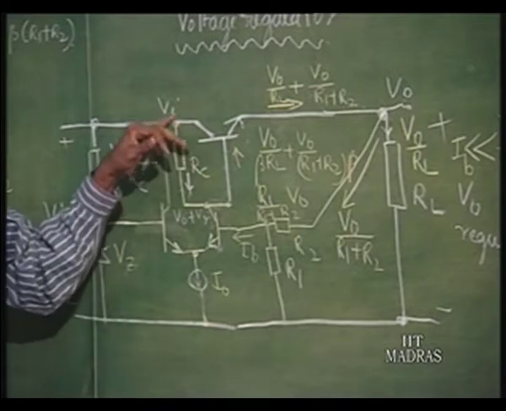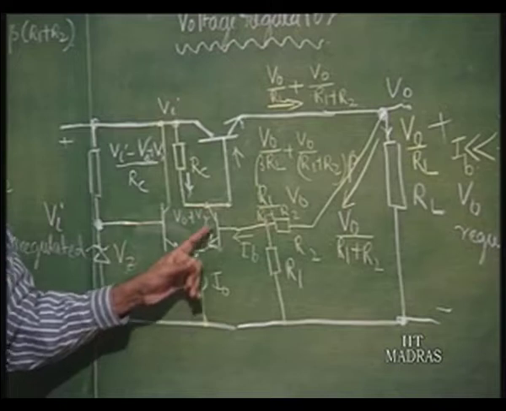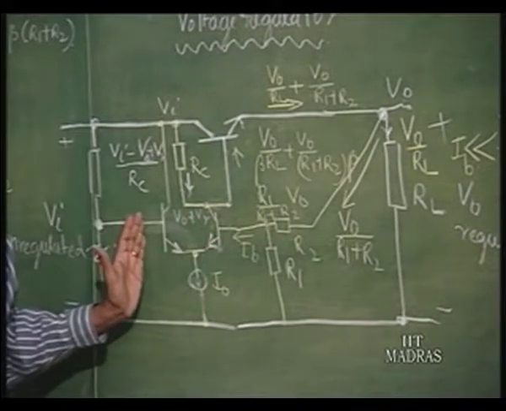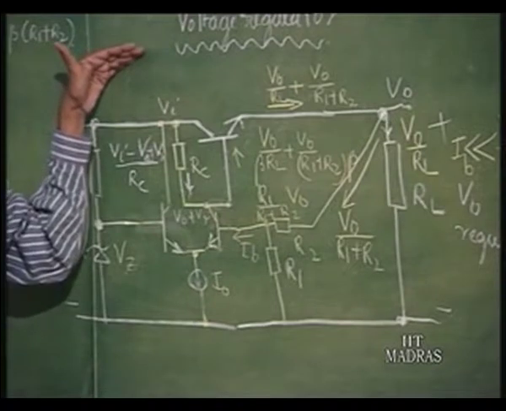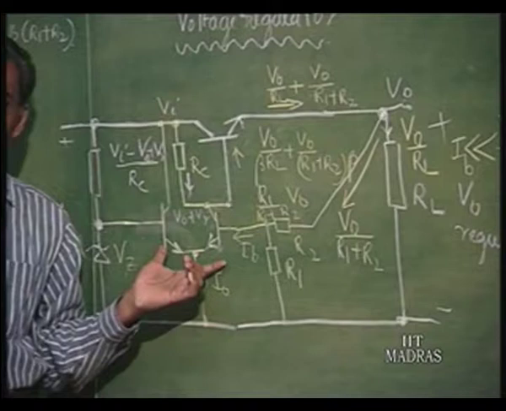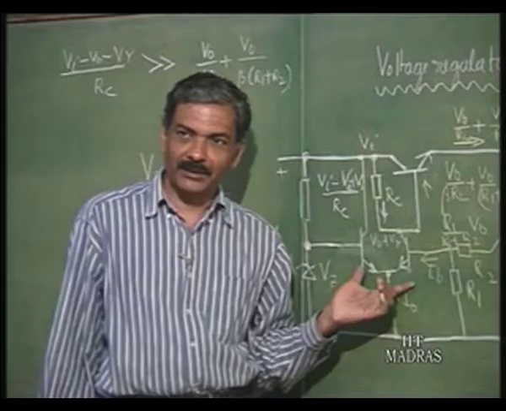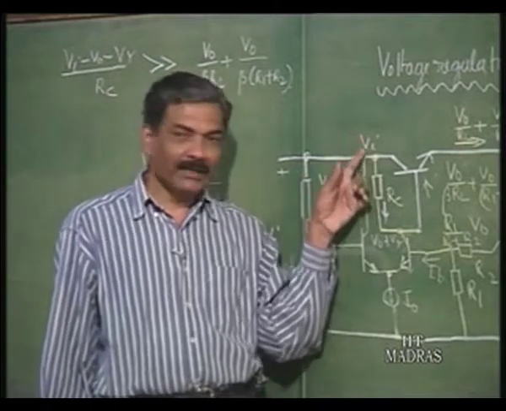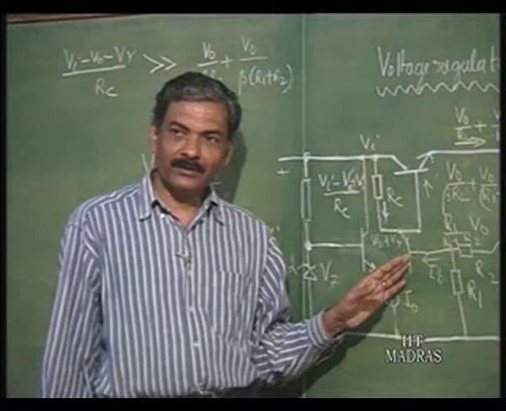So, as V I keeps on increasing, this current will keep on increasing, and this current will keep on increasing, and this will keep on decreasing. So, for a certain limiting value of V I, this transistor will stop, the differential amplifier will stop functioning, because it will reach the limit of its current switching. Again, when V I keeps on decreasing, this current will go to 0.